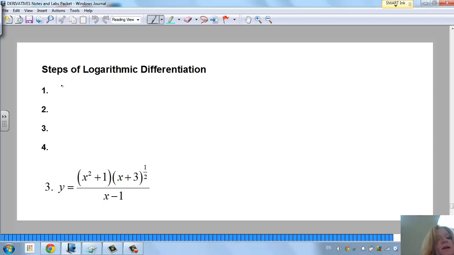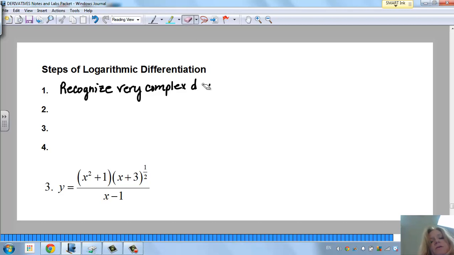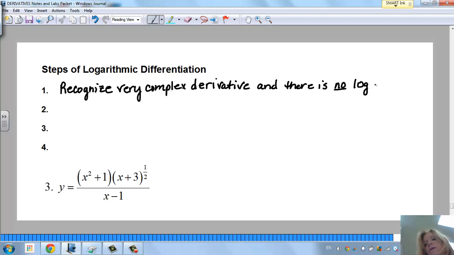One, you have to recognize that you have a very complex derivative, and there is no log or natural log present.